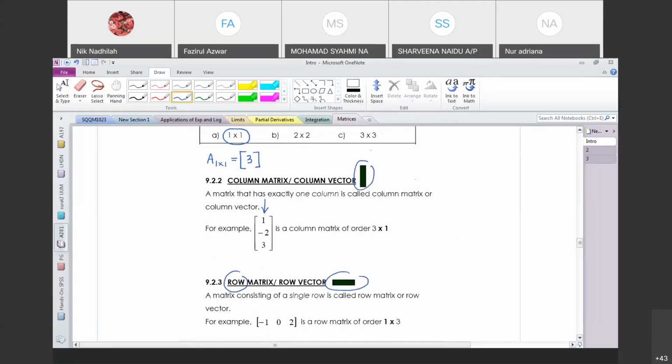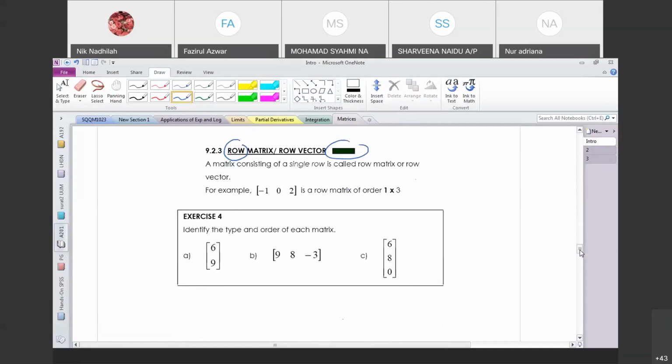If you see this kind of matrix, it's a column matrix, or when you see this kind of matrix, this is a row matrix. Basically in A, this is a column matrix. This is a column matrix, row matrix, and C is a column matrix.